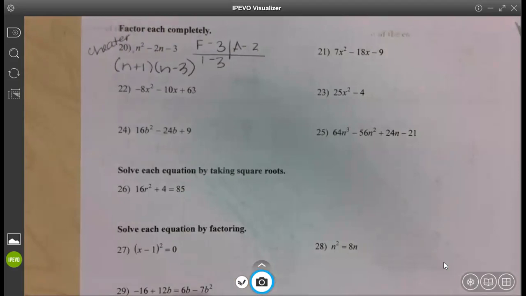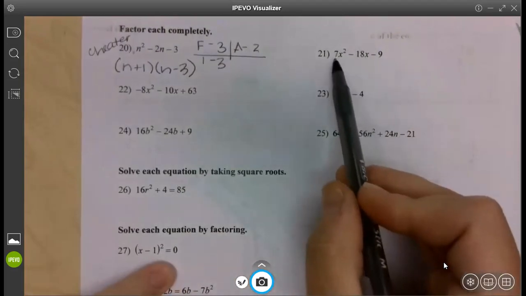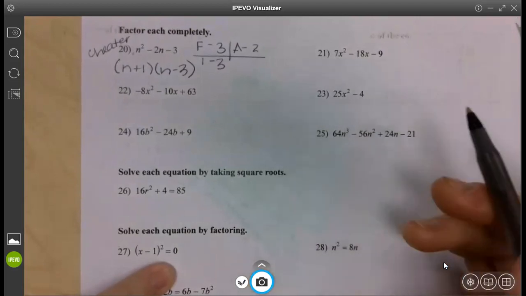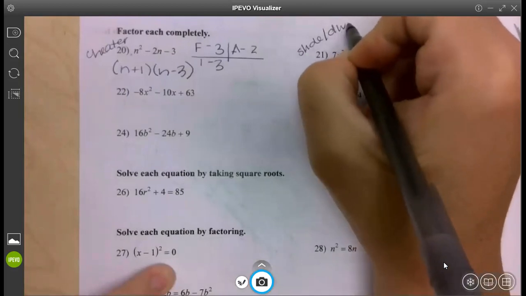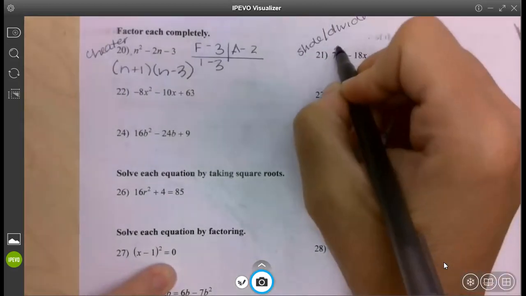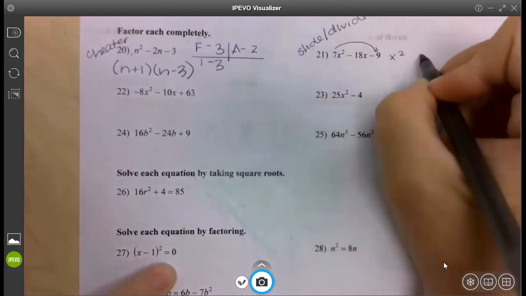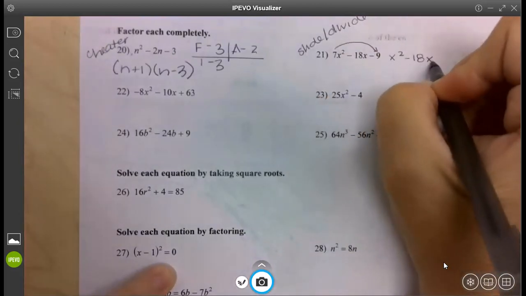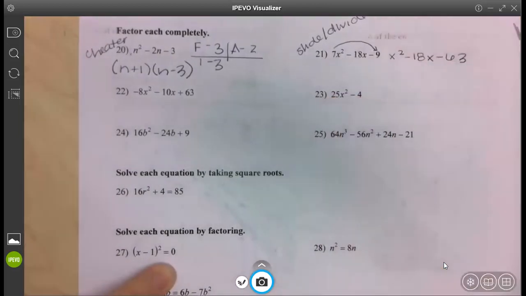Okay. If they are 3 terms and there's a number in front, there's no GCF in this one. I'm going to go ahead and tell you that. You're going to do slide and divide. So we're going to slide that 7 over. We get x squared minus 18x. 7 times 9 is 63, and it's going to be a negative.